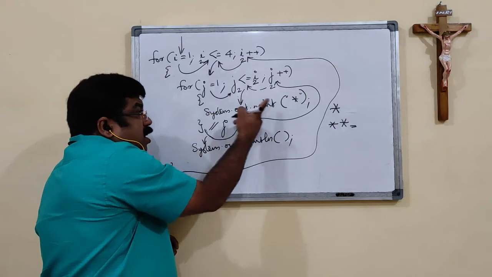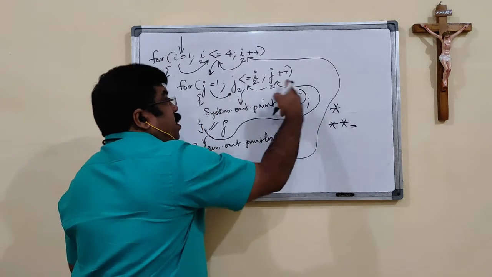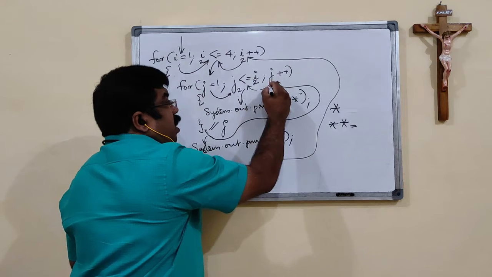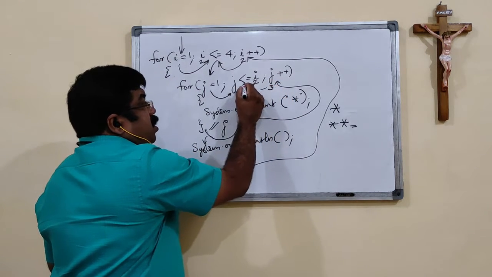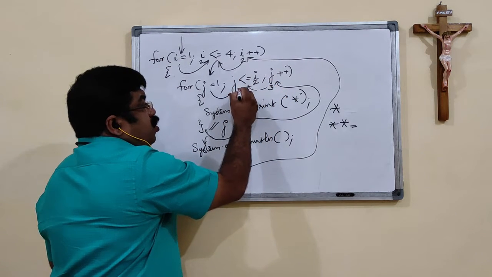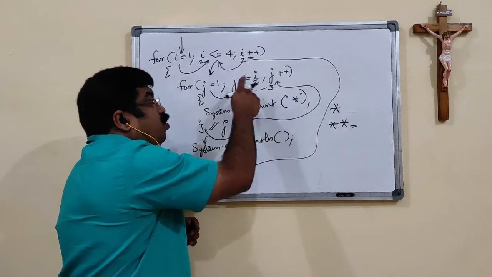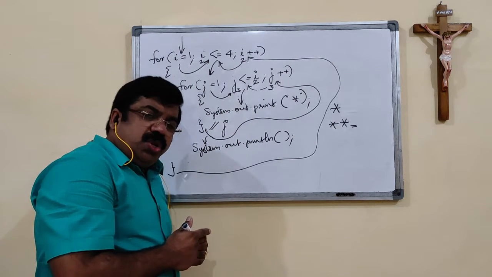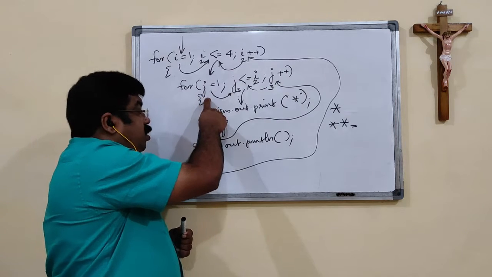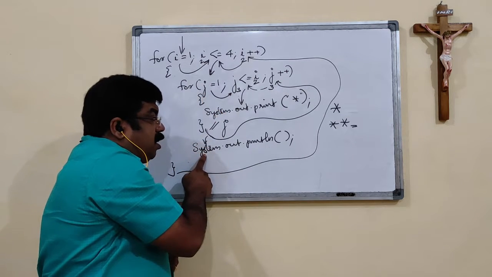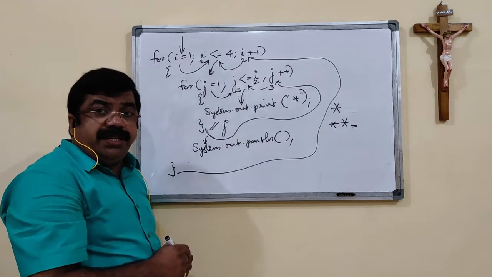Once it is printed, j gets updated. j becomes 3. Checking, 3 less than 2 is false. 3 equal to 2 is false. Condition is false. Jumping out of this loop, coming to the next statement. What is that?